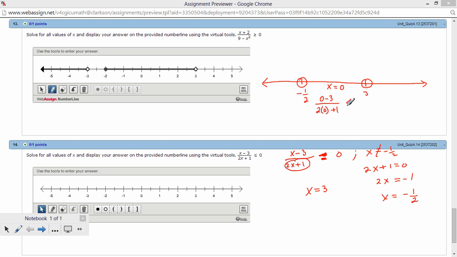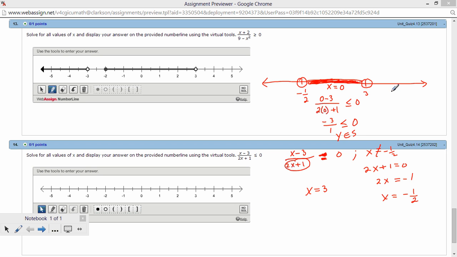And that's plainly going to be positive. Now, is that going to be less than or equal to 0? Top, -3. Bottom, 1. Is that less than or equal to 0? Right? Well, that's true. Yes, it is. Right? -3 is less than 0. So those numbers in here, all the way from -1/2 to 3, are going to work. And I shade those in. All right?